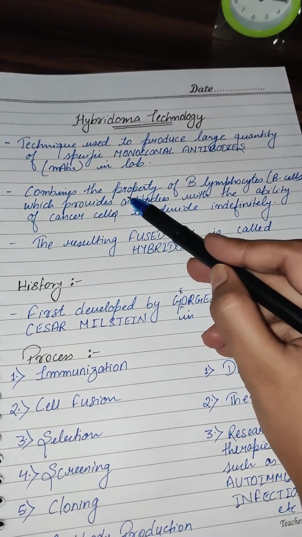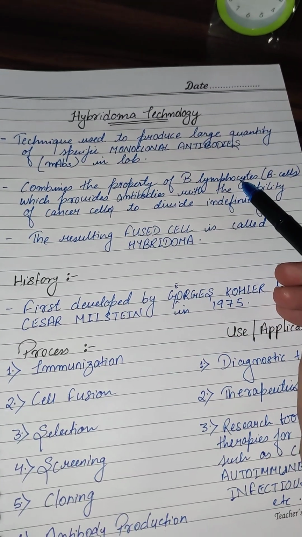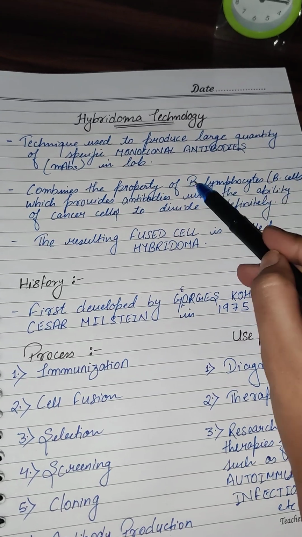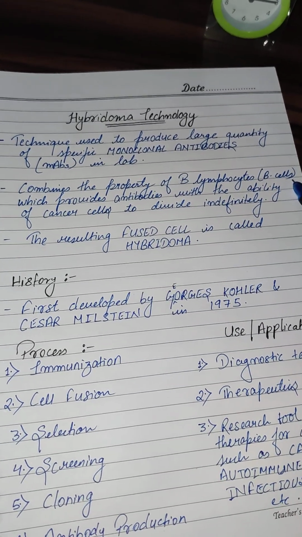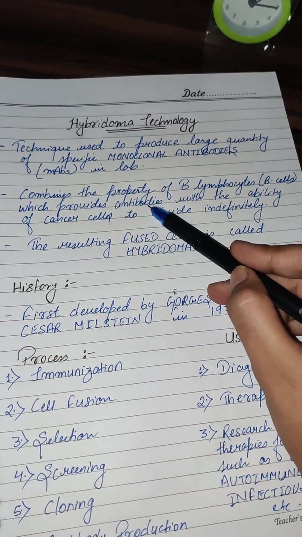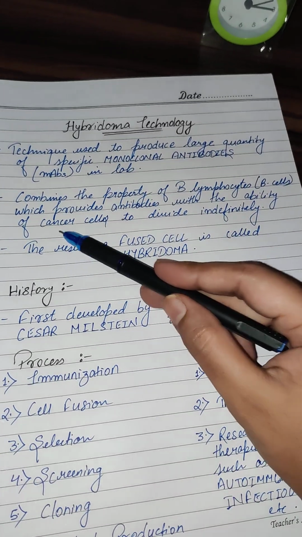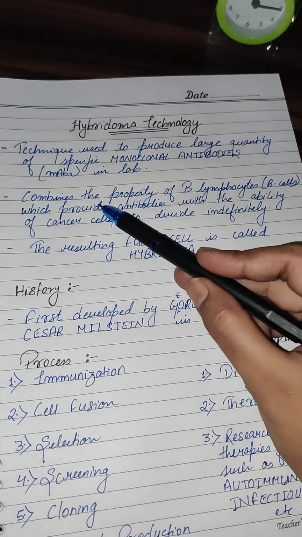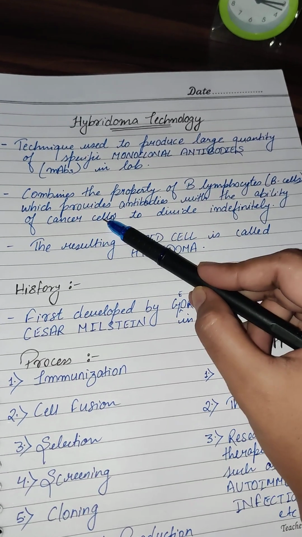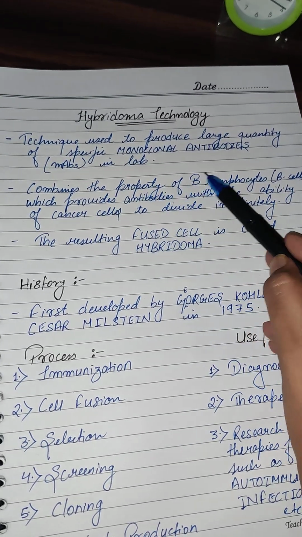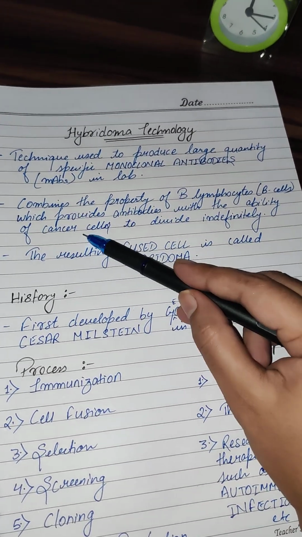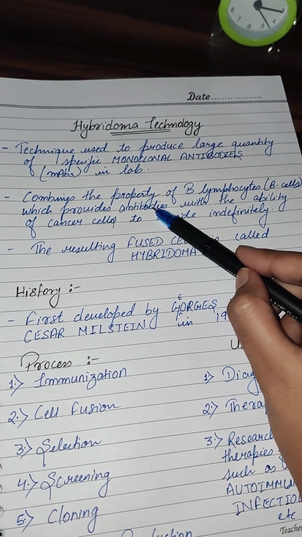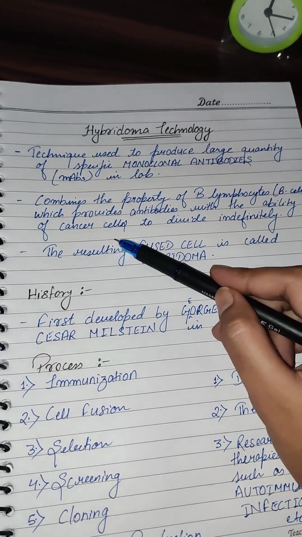It combines the property of B lymphocytes, where these B lymphocytes come from B cells, which provide antibodies, with the ability of cancer cells to divide indefinitely. So what does this process do? It combines the property of B cells, which provides antibodies, with the ability of cancer cells.